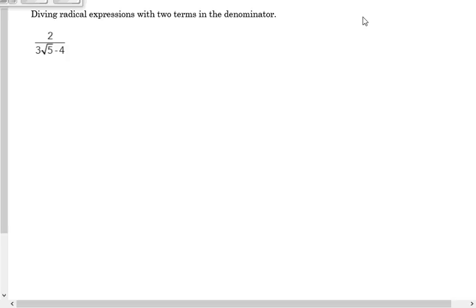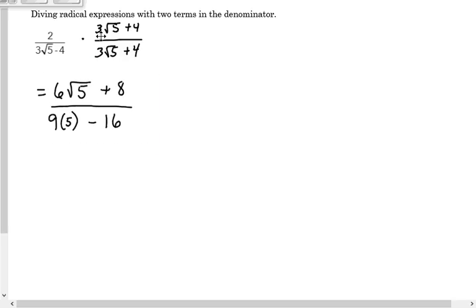In other words, we have two binomials, we multiply them together, and their answer equals a difference of squares. In order to do that, we multiply the numerator and the denominator by the conjugate. Simply stated, the conjugate is the same terms, but with the opposite sign in between them. So we're going to multiply this by the same terms with the opposite sign in between them.